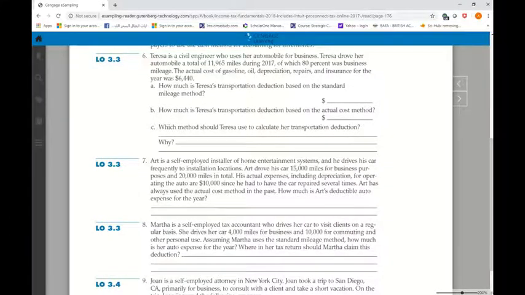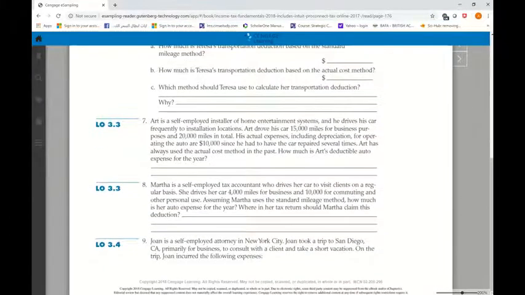Moving to problem number 7. Okay, for problem 7, we have Art, a self-employed installer of home entertainment systems, and he drives his car frequently to installation locations.